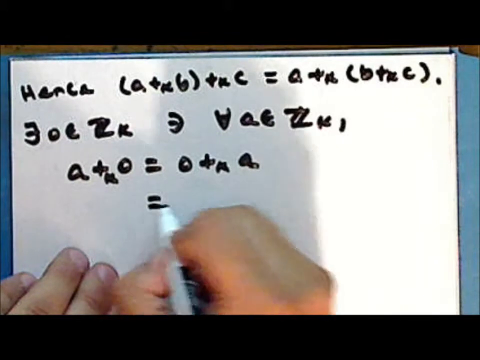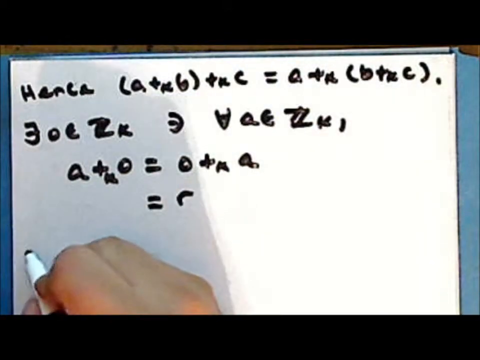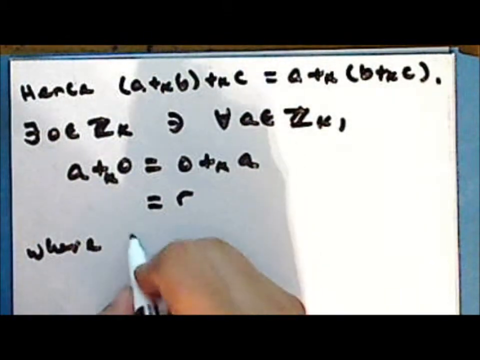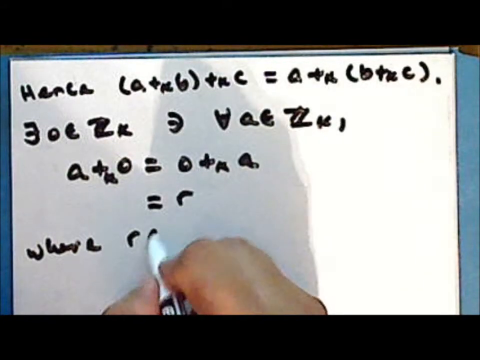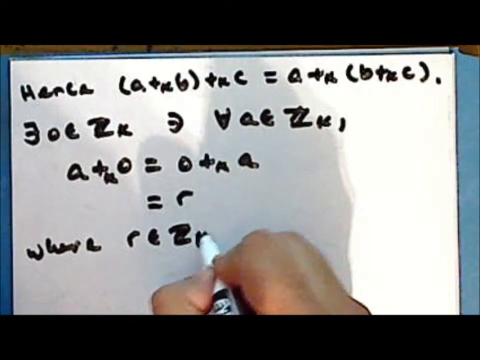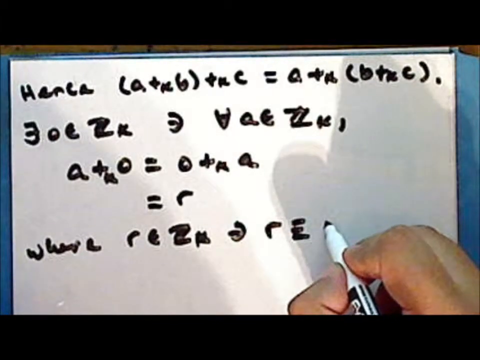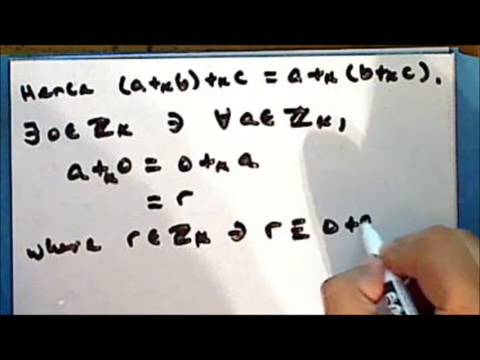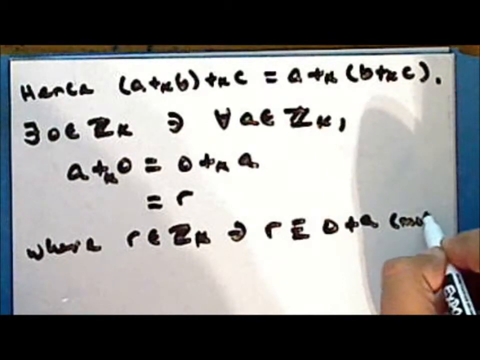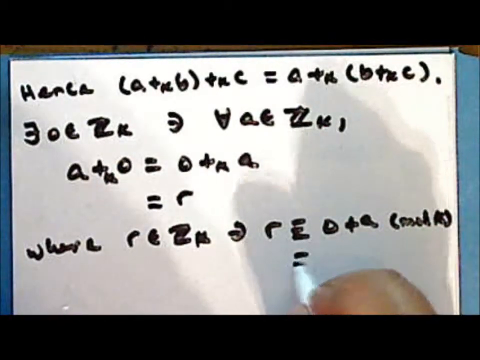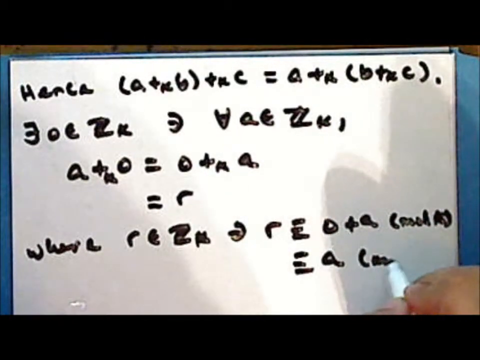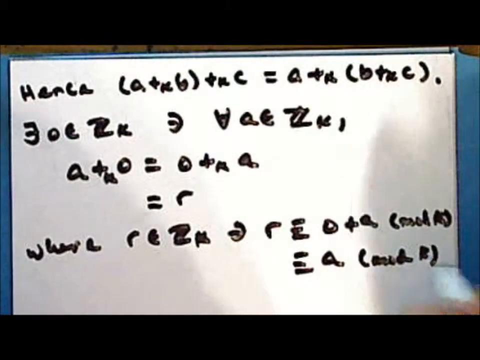And so this is the element r, where r is an element in the set z sub k, such that r is congruent to 0 plus a mod k, which is simply a modulo k.